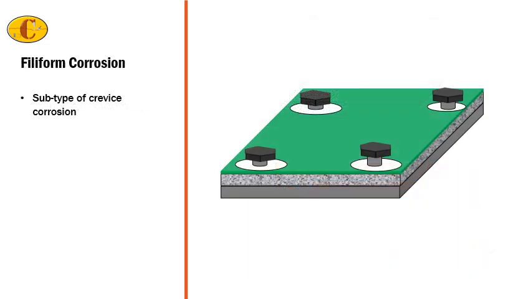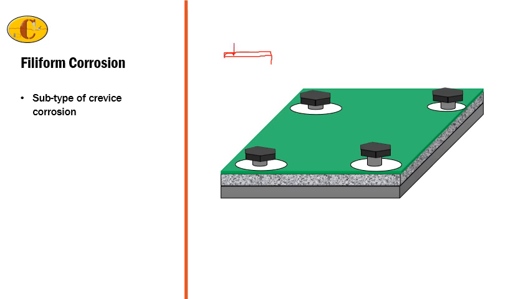Filiform corrosion is a subtype of crevice corrosion. In this, the coating may appear not degraded if you just look at it, but underneath there may be material loss and growth of pits. For example, if you have a sample as given over here and you have a very thin coating, the issue is the coating is porous.